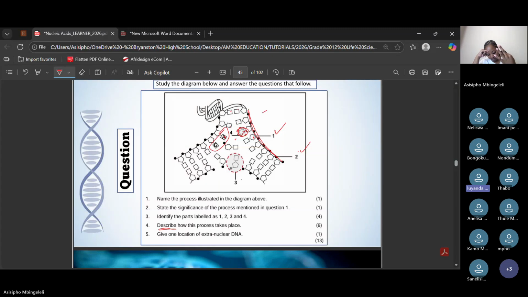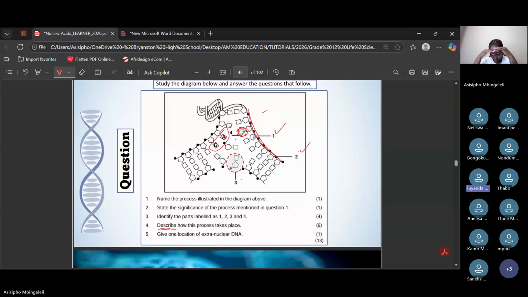And then number 3, each original strand serves as a template so that it can form a new strand.